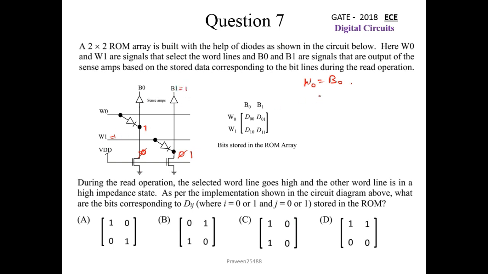So here again W1 is equal to B1. So if we write the bits here, it would be 1 0 0 1, for W0 W1 and correspondingly B0 and B1. So this is 1001. A would be our correct option.